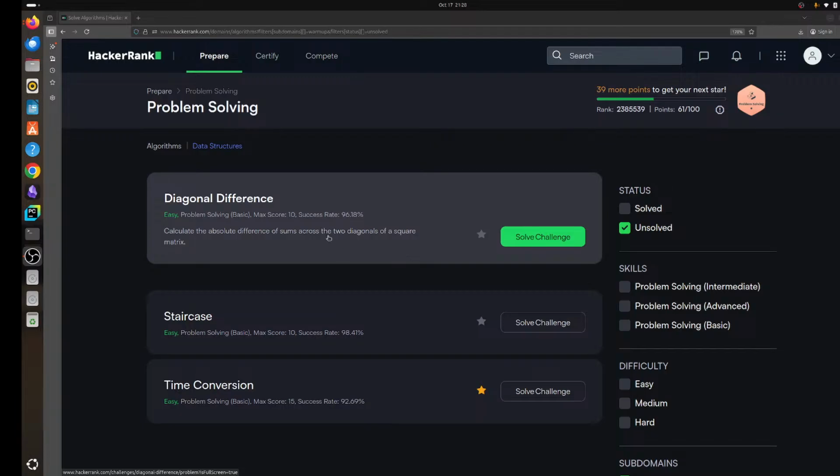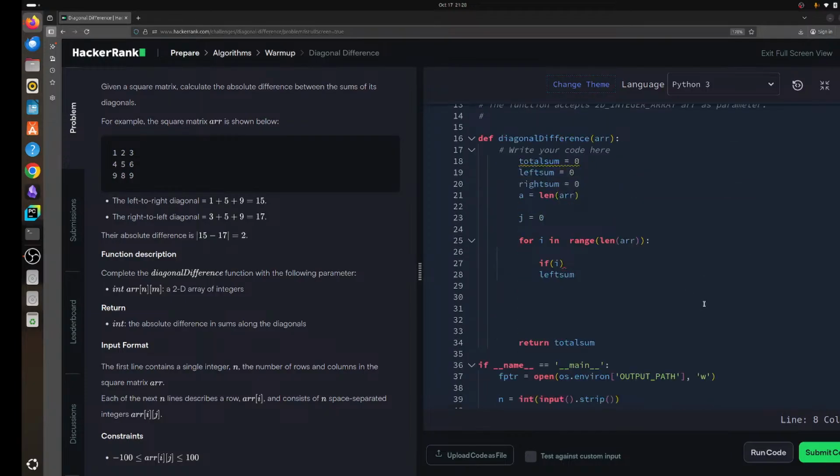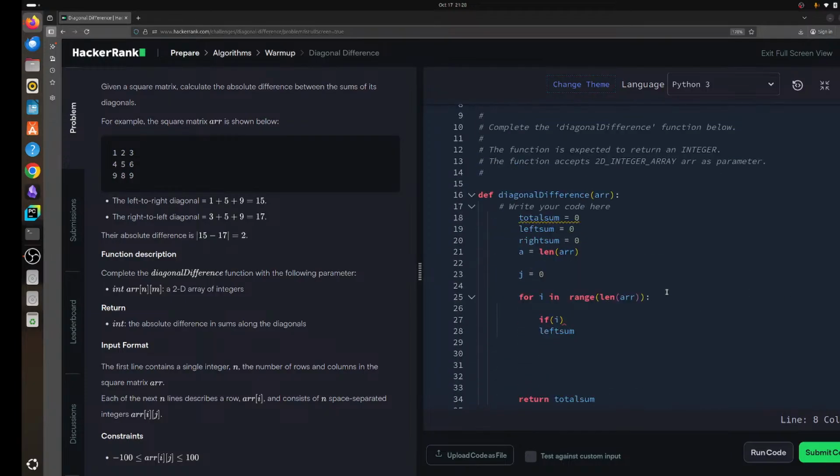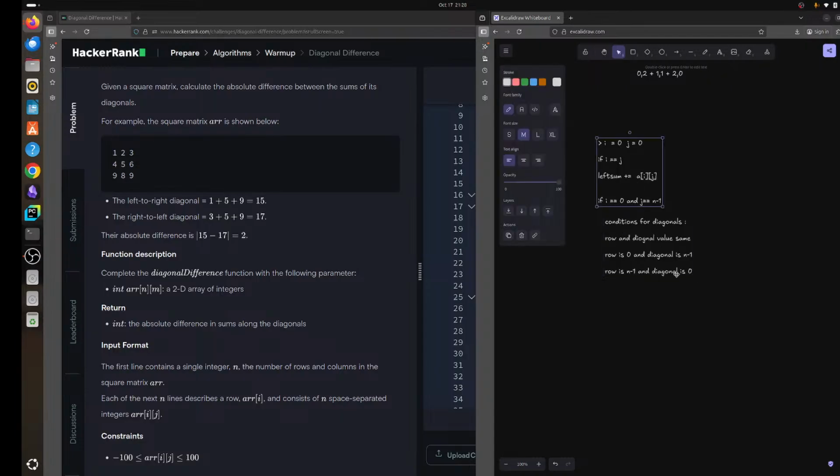We will continue with the diagonal difference problem that we started in the morning, and then go on to the next problem. We left off where we discussed what should be in the matrix and what the diagonals should be exactly.